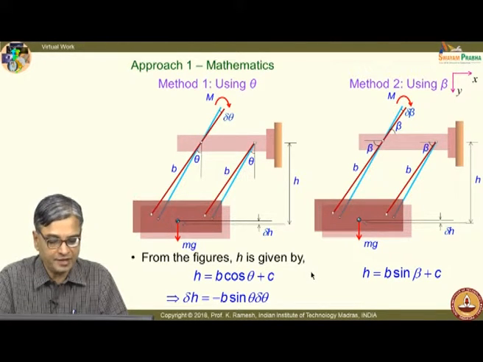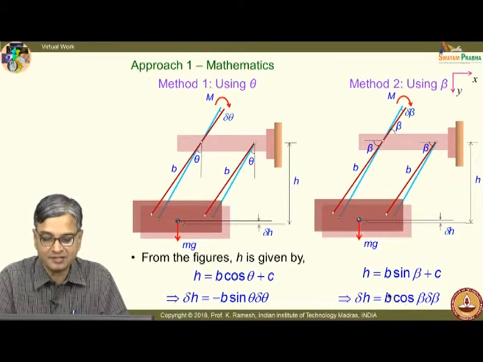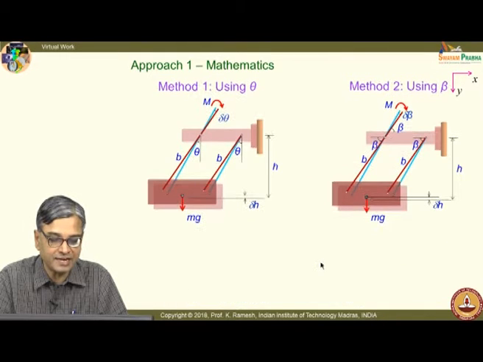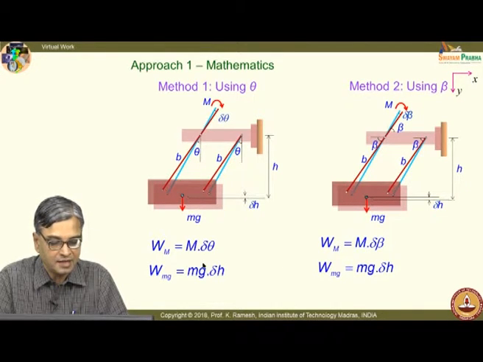And when I do the differentiation, what happens? I get this as a negative quantity, I get this as a positive quantity. And if you have just followed the mathematics, you would have just said Wm is m delta theta and this is m delta beta, and you would have just written mg delta h and mg delta h.